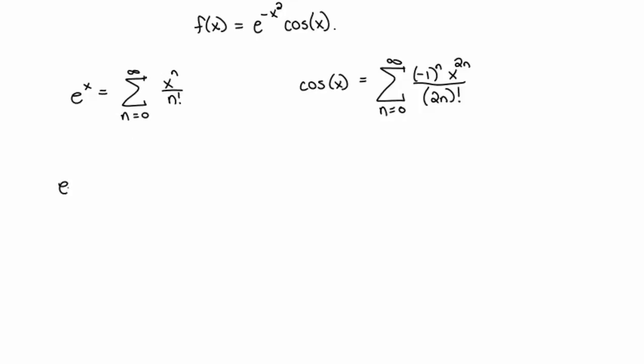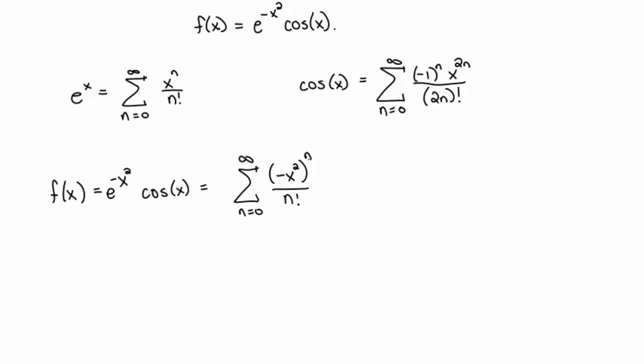Let me write f of x first. f of x, which is e to the negative x squared times the cosine of x, can now be written as the summation n equals 0 to infinity, and instead of an x to the n, we have a negative x squared to the n over n factorial. We multiply that by the summation n equals 0 to infinity of the alternating series, negative 1 to the n, x to the 2n, over 2n factorial.